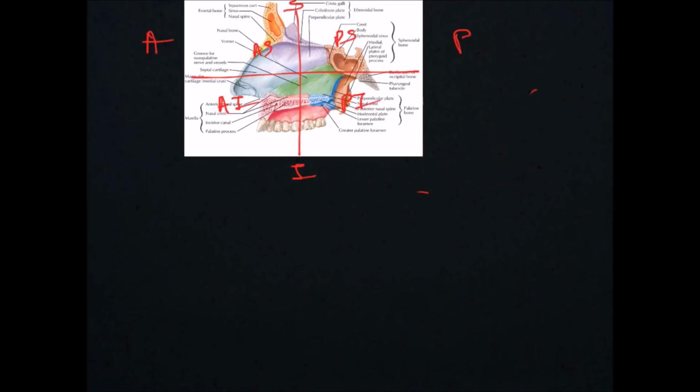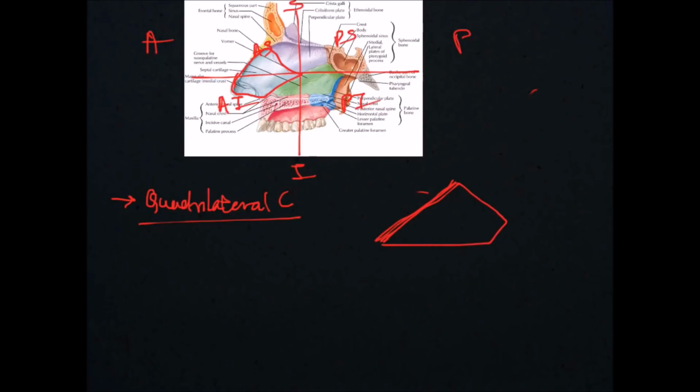Most of the anterior part is formed by a cartilage that is quadrilateral in shape, termed the quadrilateral cartilage, having an antero-superior border, postero-superior border, postero-inferior border and inferior border.